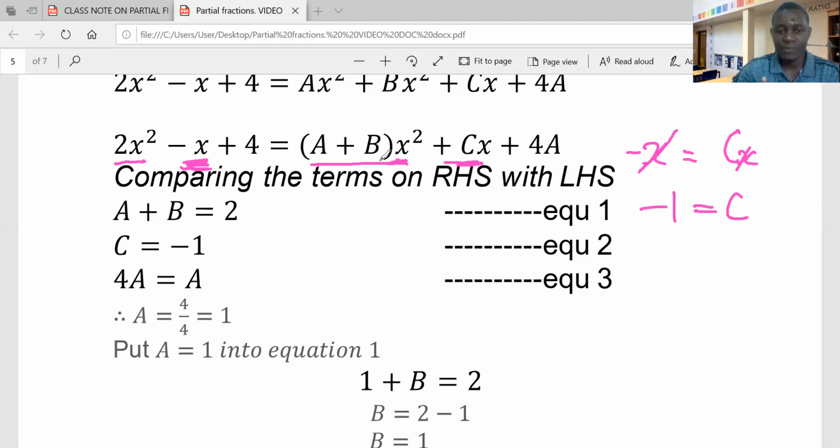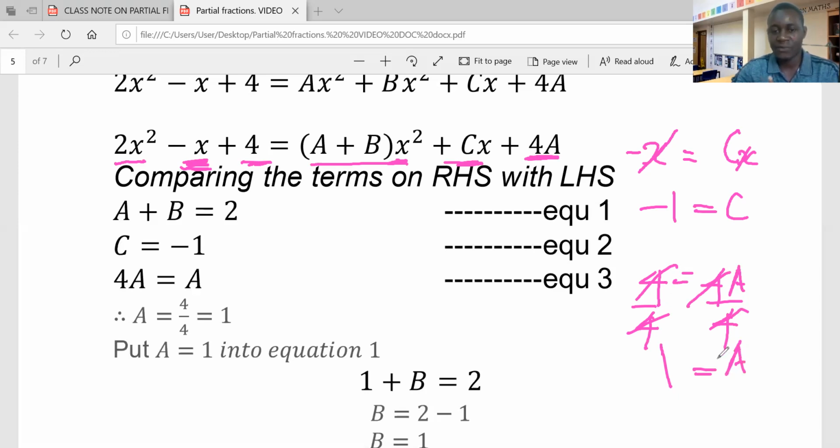Then for the last part, we have 4 on my left-hand side equal to the constant term here. This is the only constant term we have, so we have 4 equal to 4a on the other side. Dividing both sides by 4, 4 cancels 4, and we have 1 equal to a.